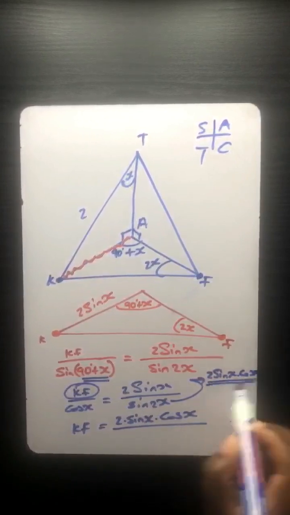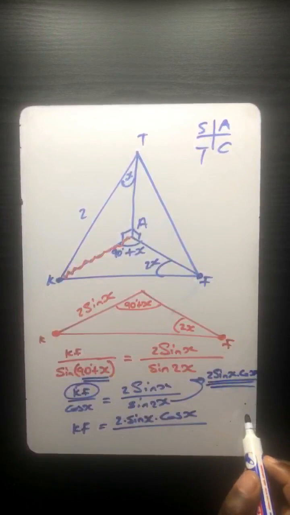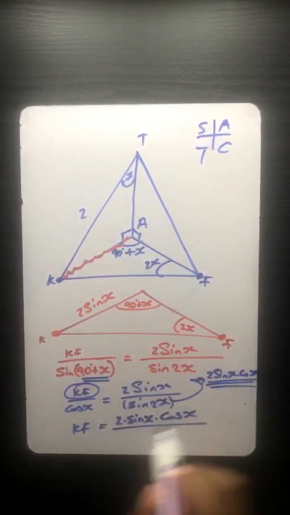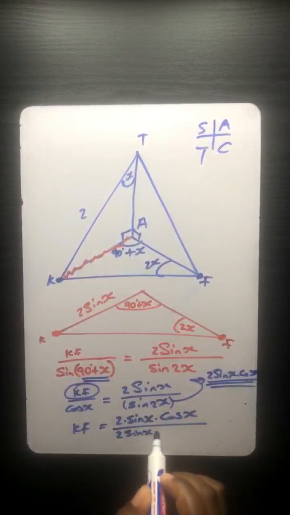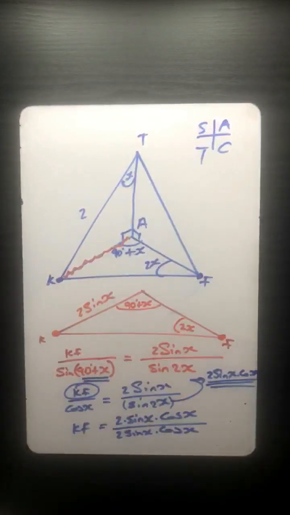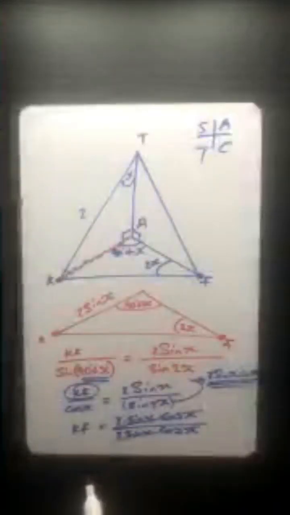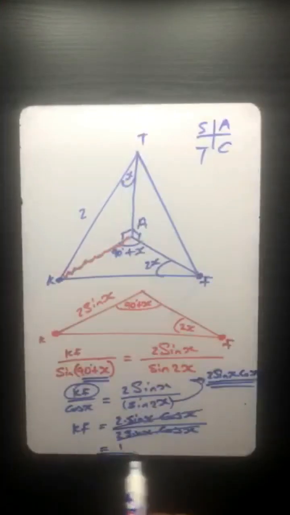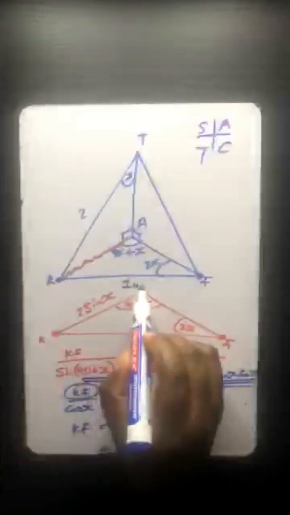I think I'm correct in that. If I'm correct, then the whole of this thing is the same as that. Then you substitute it there. This thing is the same as that, which means it can cancel. So if it cancels, you remain with 1. That means from there to there, it equals 1 unit.